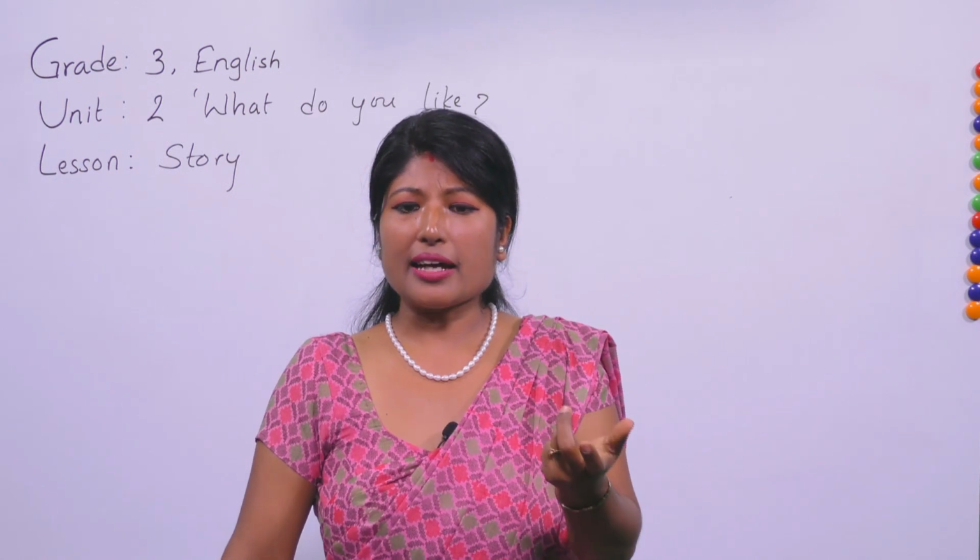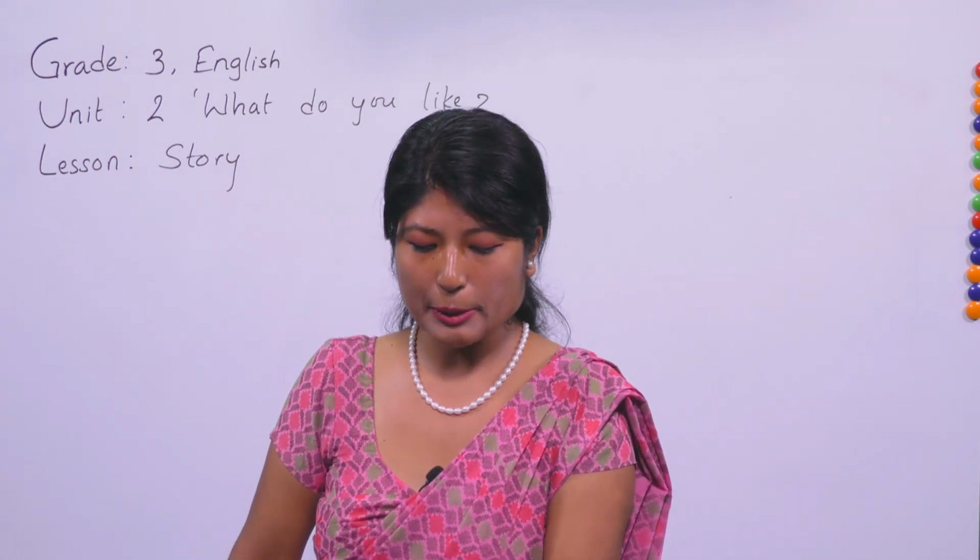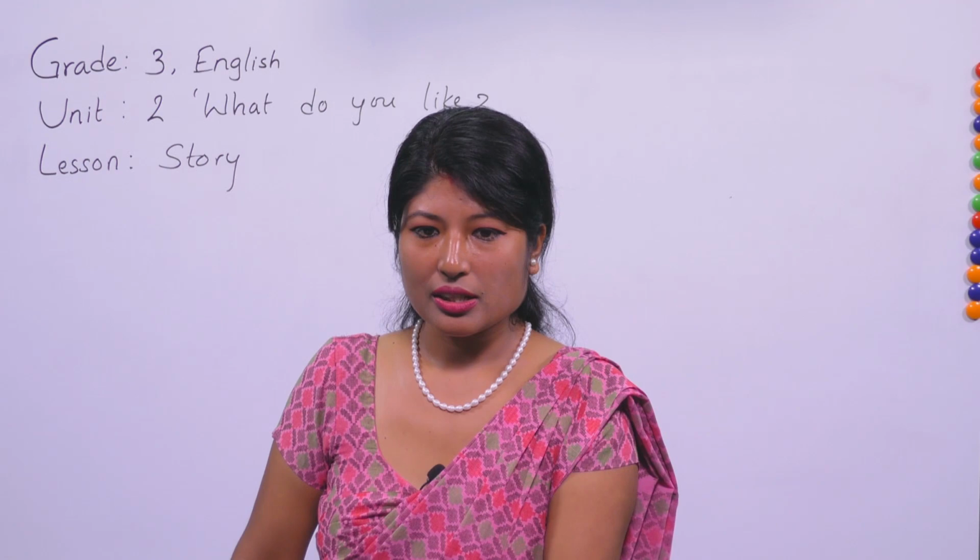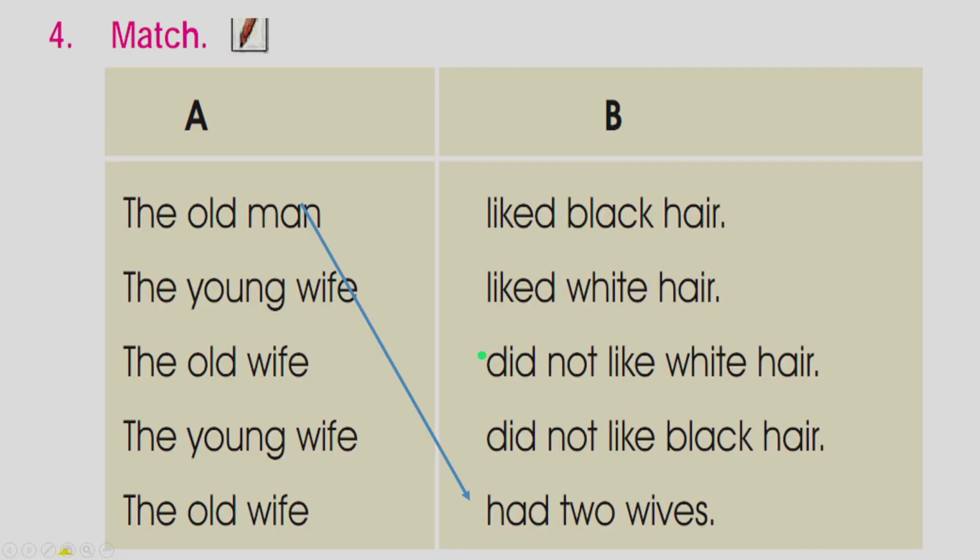The old man obviously had two wives. Okay, this is the answer. The young wife liked black hair. Then the old wife, have you found any? Okay, I think you have found. So check it out.